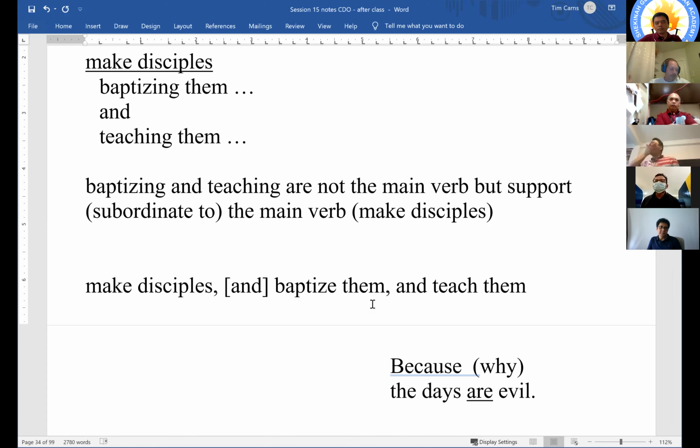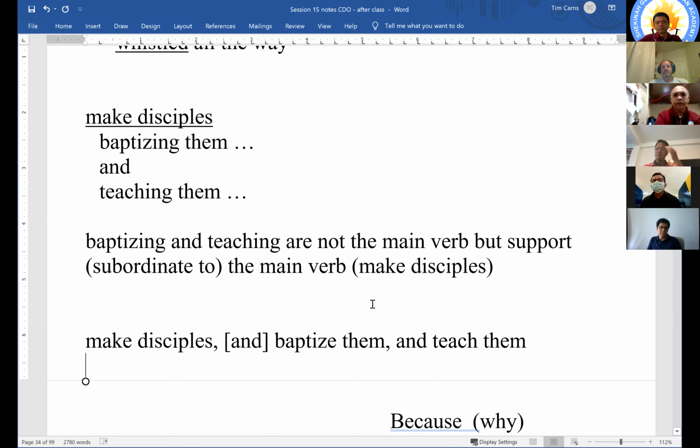Why are we so focused on the participle or not? It's because a participle is not a main verb, therefore it's not expressing the main thought, it's supporting the main thought in some way. So as you teach the passage, you have to see that so that your people rightly understand what's being said. As I've said before, Jesus's main command here is make disciples, and by the participles he's showing us how to do that.